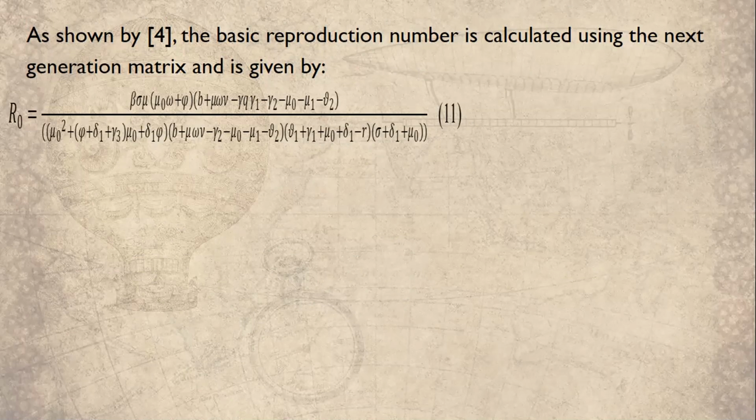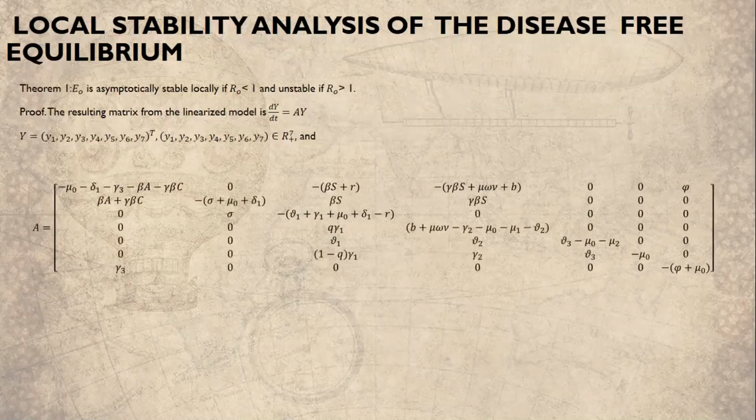And the reproduction number is given as beta R mu over mu naught omega plus phi into beta plus mu omega epsilon plus gamma Q gamma 1 minus gamma 2 minus mu naught minus mu 1 over theta 2 all over mu naught square gamma epsilon plus beta 1 plus gamma 3 mu naught plus delta 1 5 plus beta plus mu omega 5 plus gamma 2 minus omega 1 minus theta 2 into phi 1 plus gamma 1 plus mu naught.